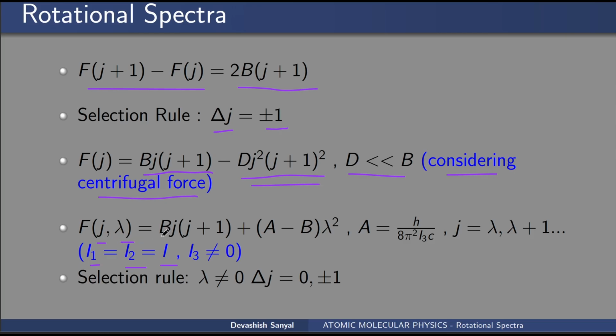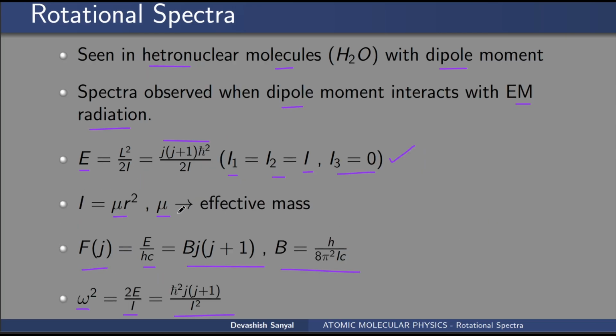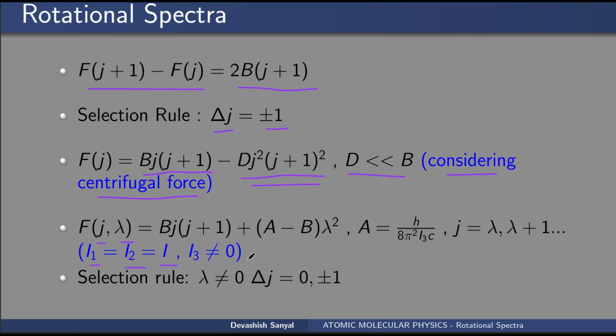And in that case, we had Fj equal to Bj into j plus 1. So this one will be modified, and we will get Bj into j plus 1, then plus A minus B lambda square. B we know, A is a similar quantity, but it is related to the moment of inertia about the third axis.